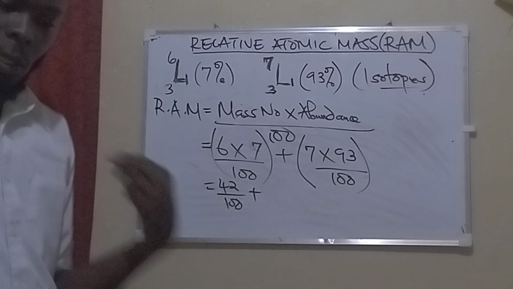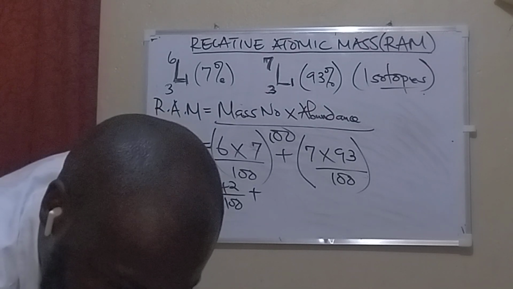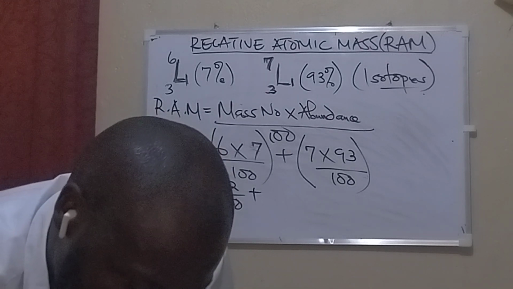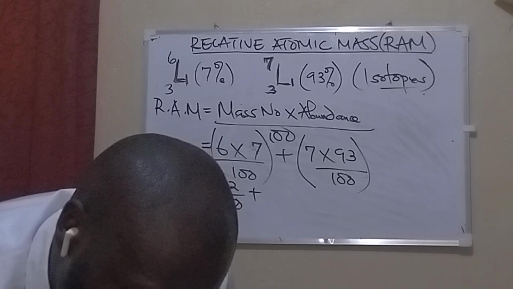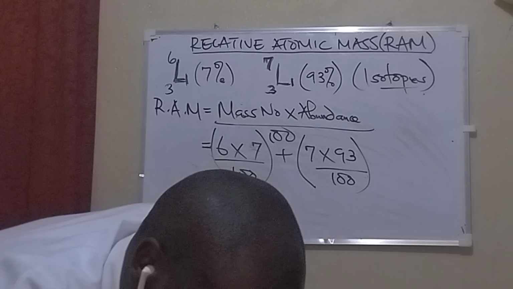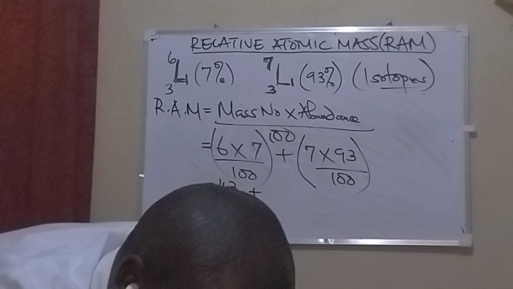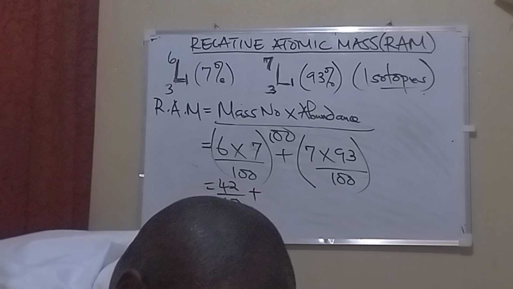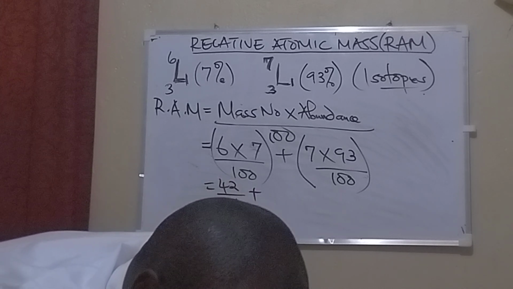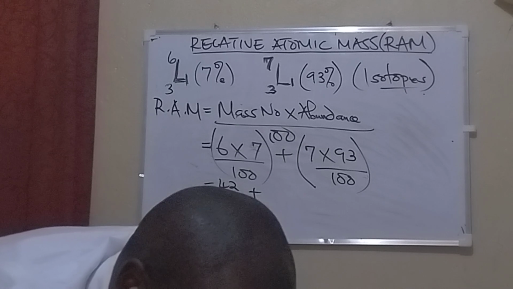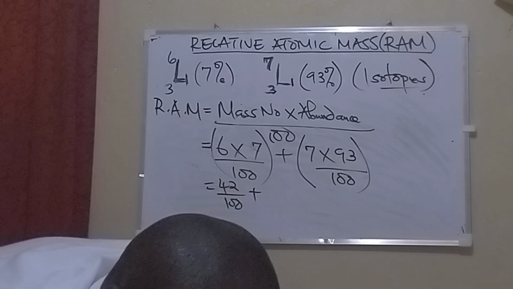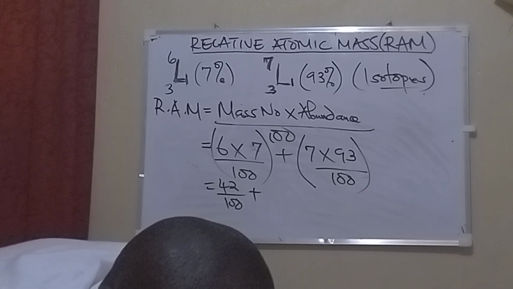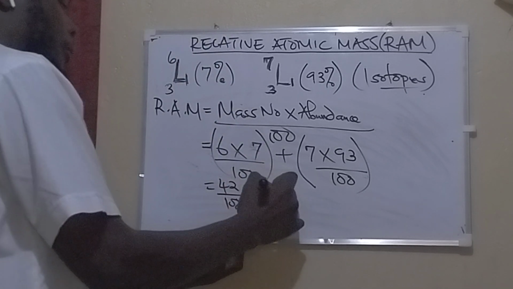So we have 93 times 7. 93 multiplied by 7 is 651.